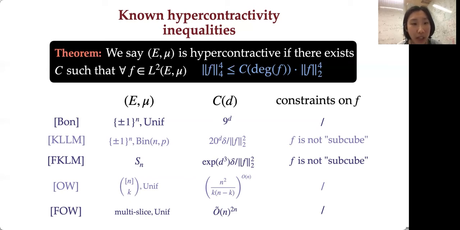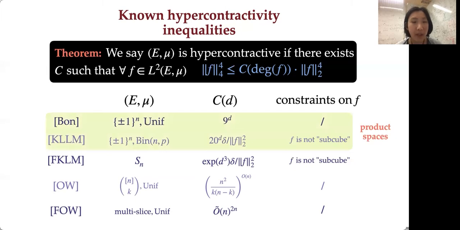Now let's look at all these results. The first line is just the Bonami lemma that we just saw, and the second line is due to Kivish et al., who proved a hypercontractivity inequality over the non-uniform Boolean hypercube. Despite it being non-uniform, it gets a binomial distribution, so it's still a product space in some sense.